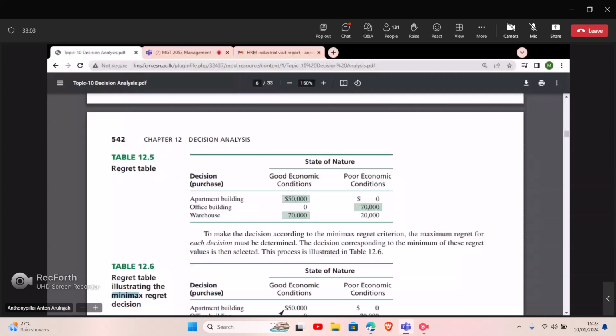This is the other criteria. Yes. Can I explain it again? Can you explain the third one, sir? Max regret criteria.